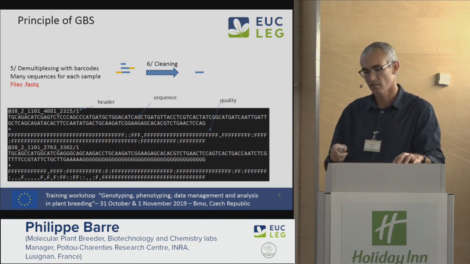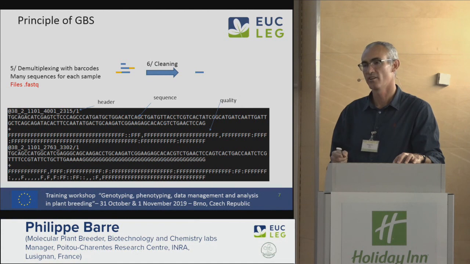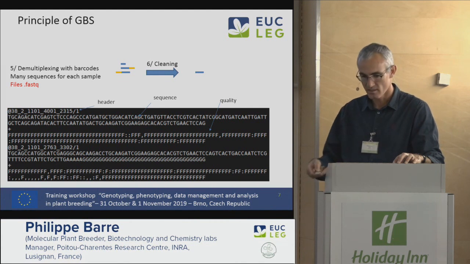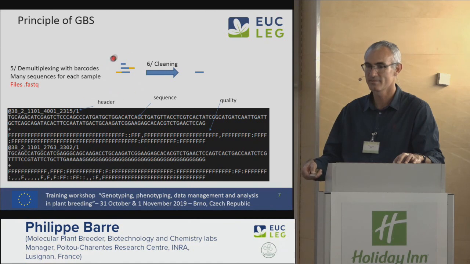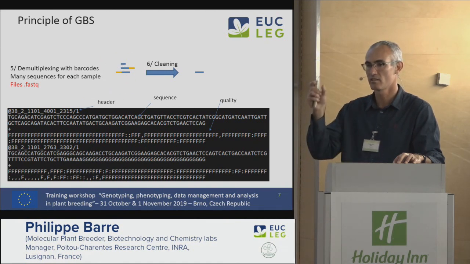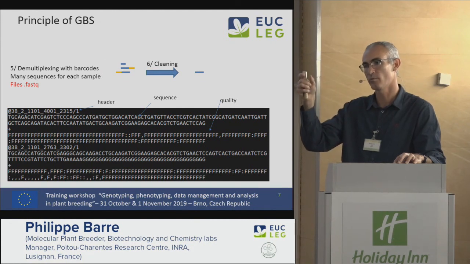So yes, okay. This step is one step further. So first, you do the demultiplexing and you get that. And so even for this one, we add the information with the barcode.